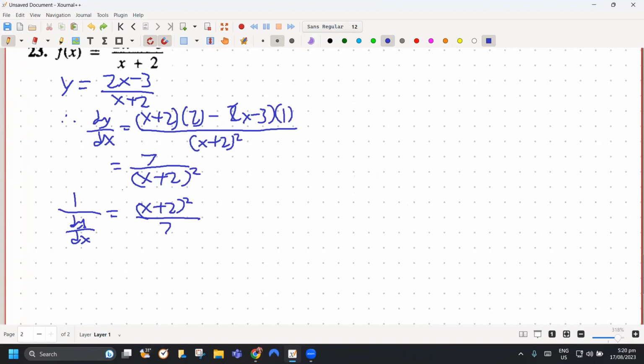Look at equation number 1. Do you have equation numbers? Okay, so from equation 1, solve for x in terms of y.